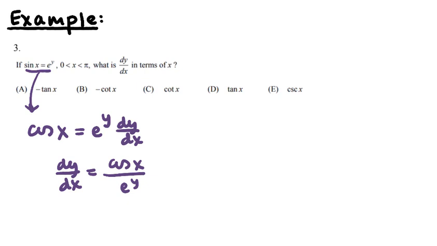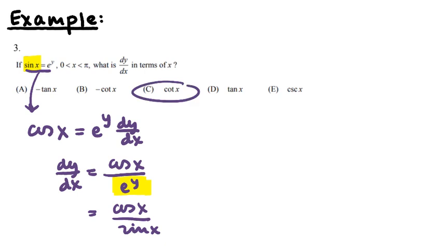But they want this in terms of x, so how am I going to get rid of this e to the y? Well, fortunately for us, they have a formula for e to the y. It's sine x. So you just make that quick substitution, and that's cosine of x divided by sine x. And we know that that's cotangent x.